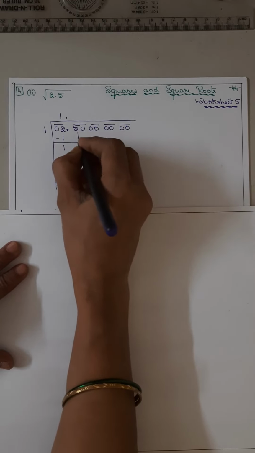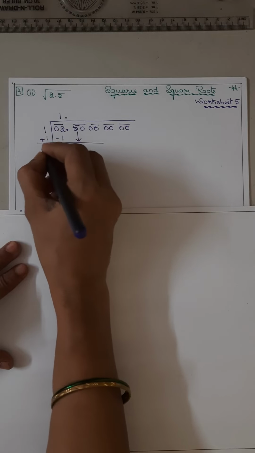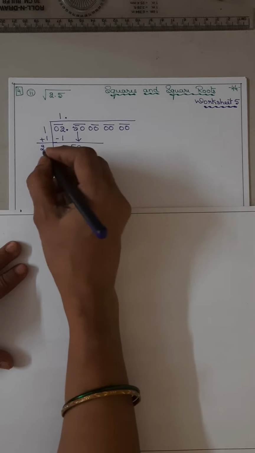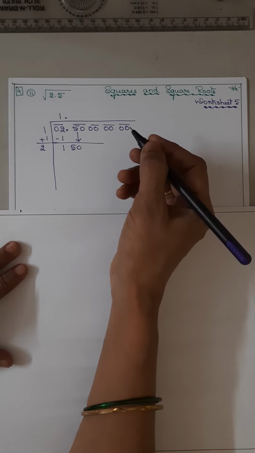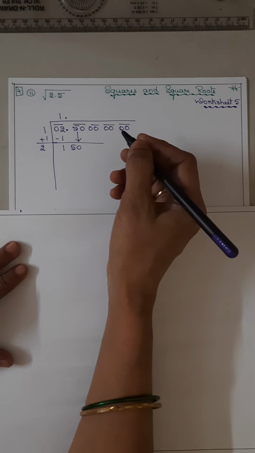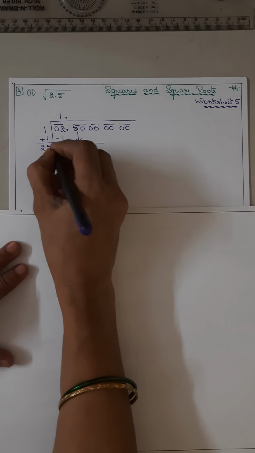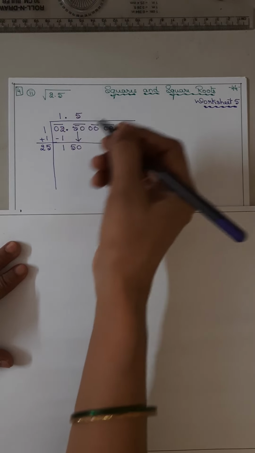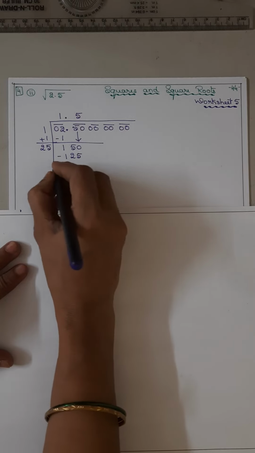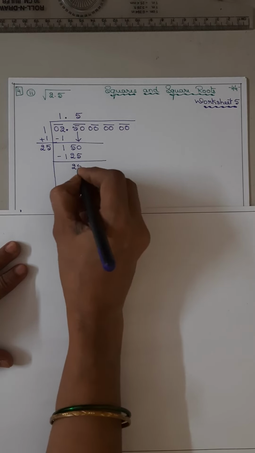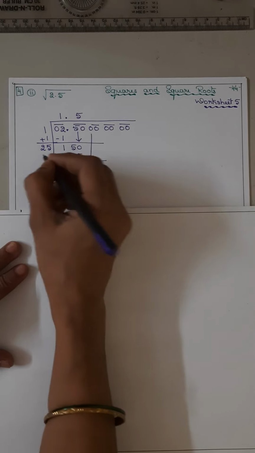So 1 remains, bring 50 down, add 1, it became 2. 2 how much are 15? 2 sevens are 14, but you can put only 5. Okay, 5, 25 5s are 125. So you will get 25. And now bring these two zeros down.